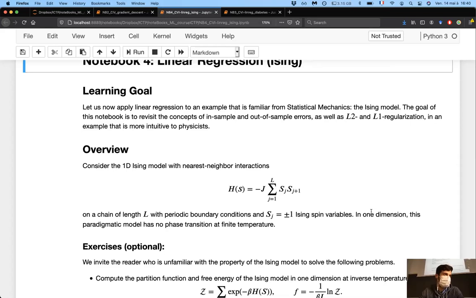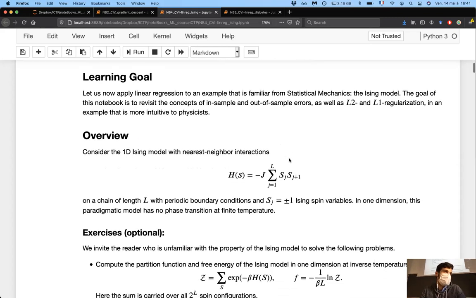Okay. Unfortunately, I won't have the time to do a whole introduction to the Ising model, but to make it short, it's a spin model. It's a system of interacting spins, which are just the physics name for binary variables, which take plus or minus 1 values.